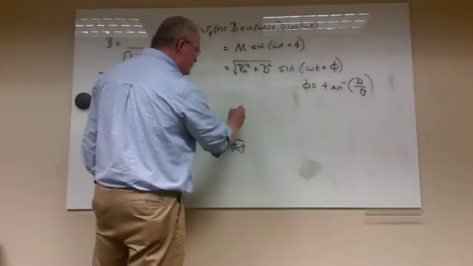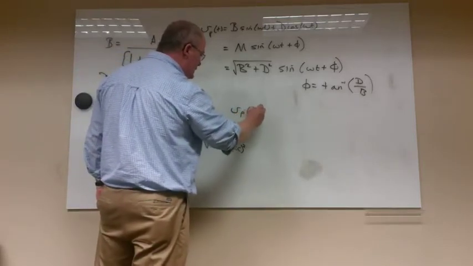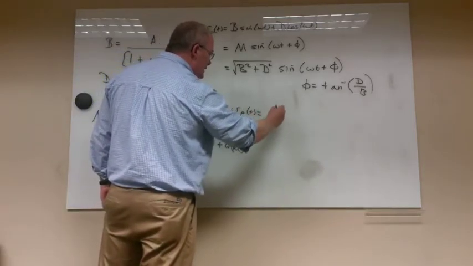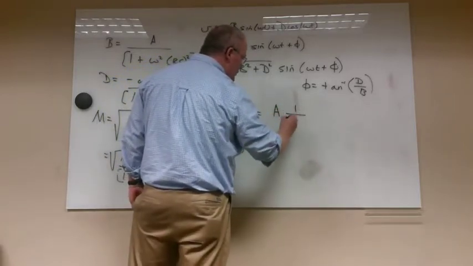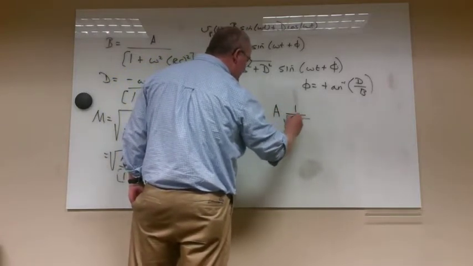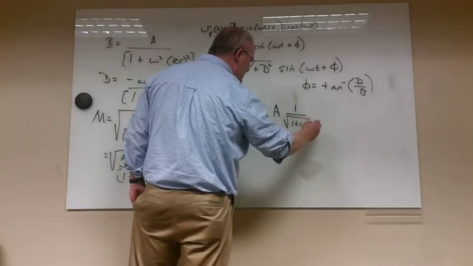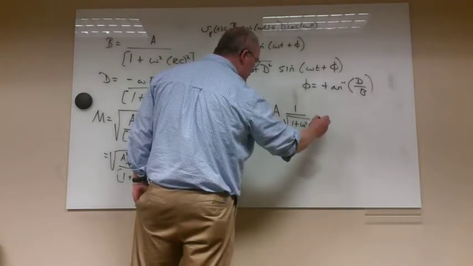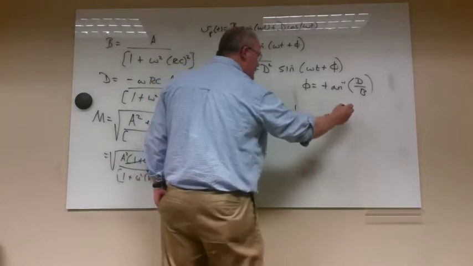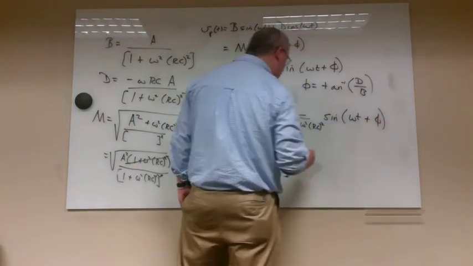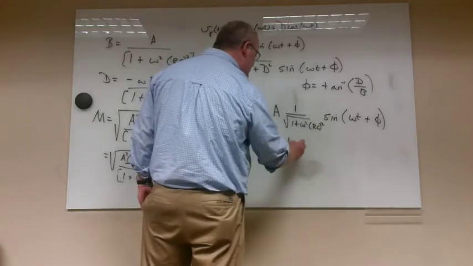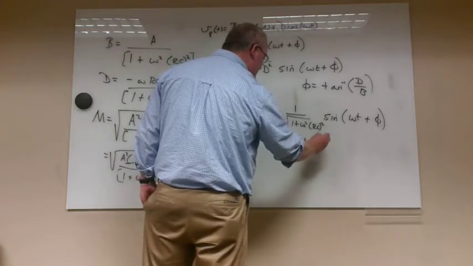We can say that the particular solution, dp of t, now is equal to a times, if you will, a coefficient 1 over the square root of 1 plus omega squared rc quantity squared, sine of omega t plus phi, and phi is equal to the inverse tangent of.